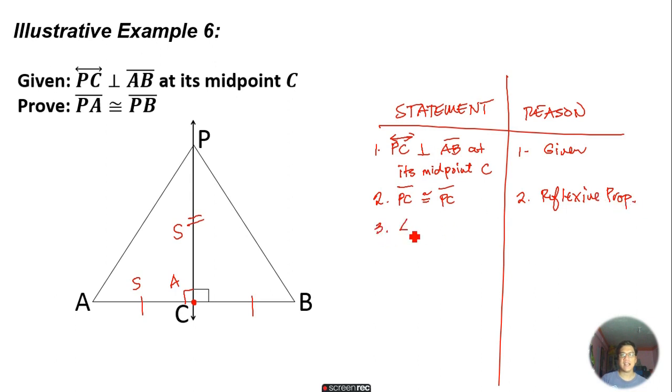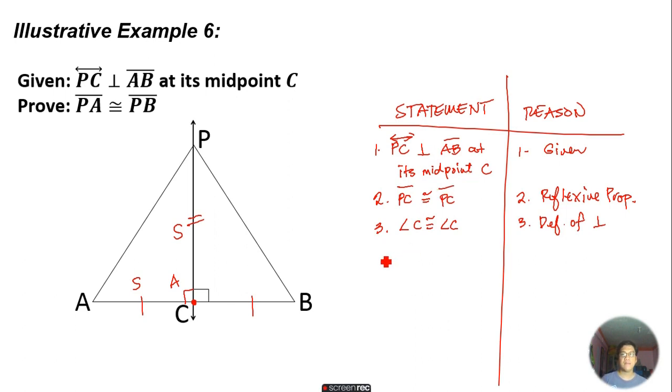Next, number 3. I will just use one letter. Angle C is congruent to angle C. Our reason is definition of perpendicularity. Or if you want to write definition of right angles, that is also correct. If you also write, all right triangles are equal or congruent, that's also correct.